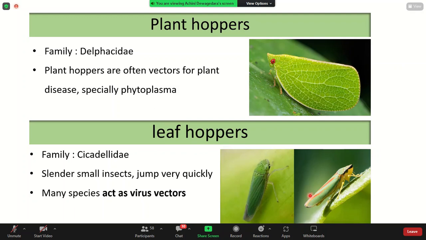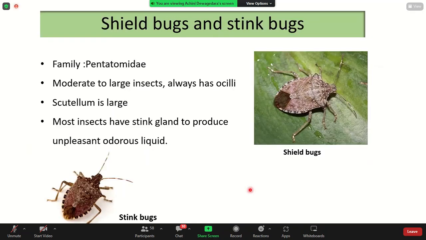And here you can see leaf hoppers. They are also tiny insects, and they have the ability to jump very fast, right? They are also acting as vectors of plant viral diseases. And here you see shield bugs and stink bugs.